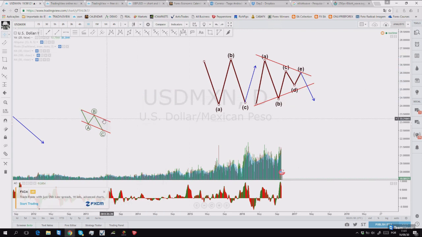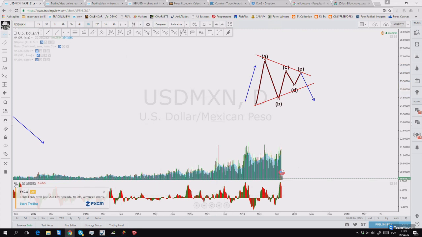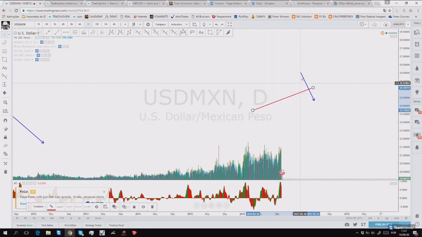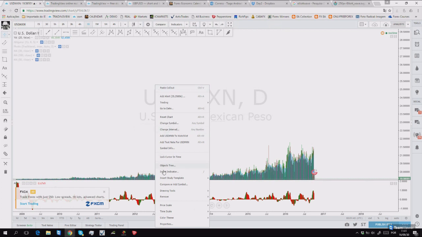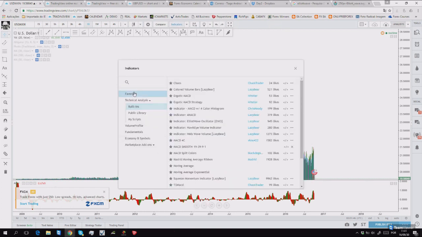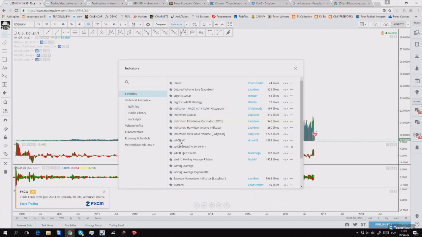Well, let's go into the chart and try and see if we can do this. I have here below an awesome oscillator. It's the same as MACD or the same as the Elliott Wave oscillator. I'll just put them here so you can see.